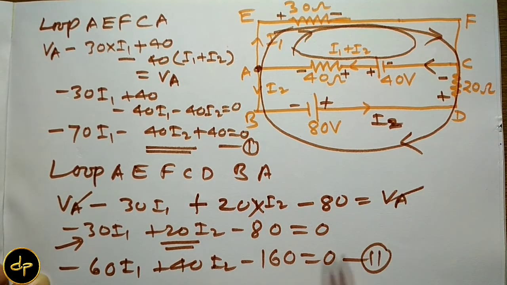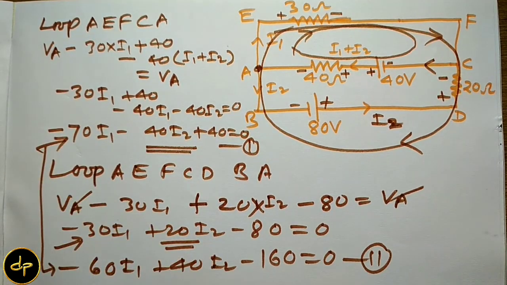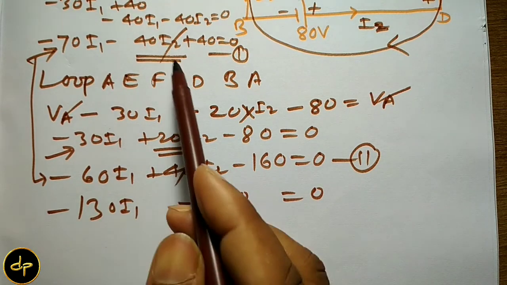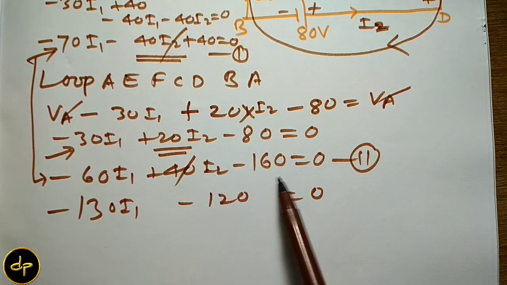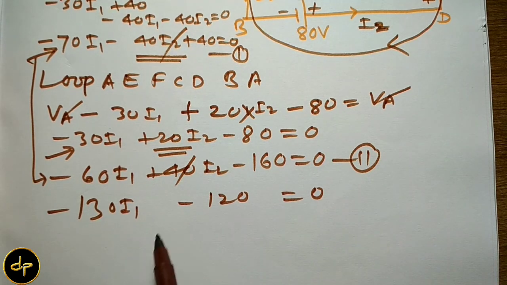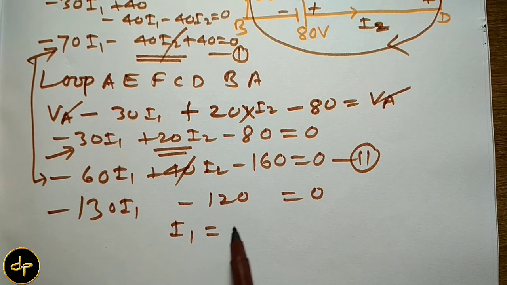Let it be equation 2, and then we add these two equations. So this will be minus 130 I1, and then 40 cancels, and then 40 and minus 160 gives minus 120, equal to 0. So this would give a current I1 equal to how much?